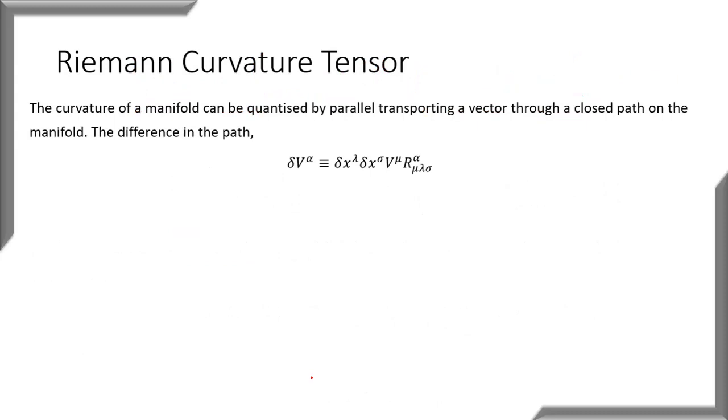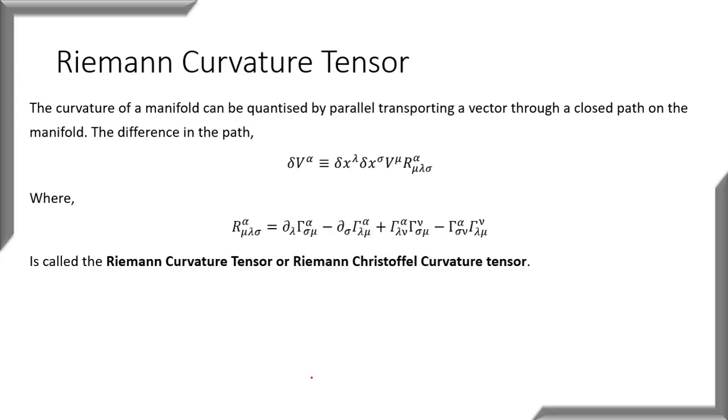Now, we have said that the curvature of the manifold can be quantified by parallel transporting a vector through a closed path in the manifold, and we will end up with a difference in the vector while parallel transporting using this term over here, this equation.